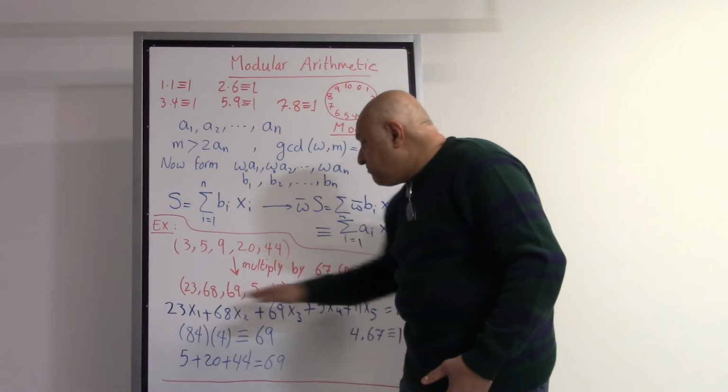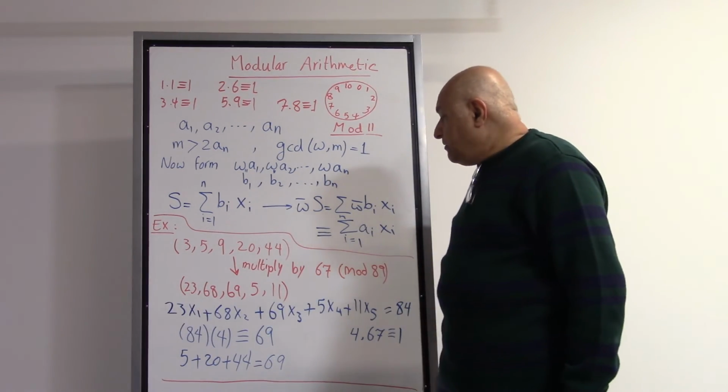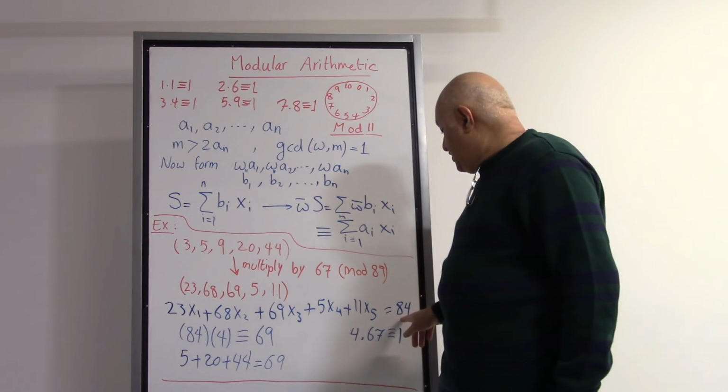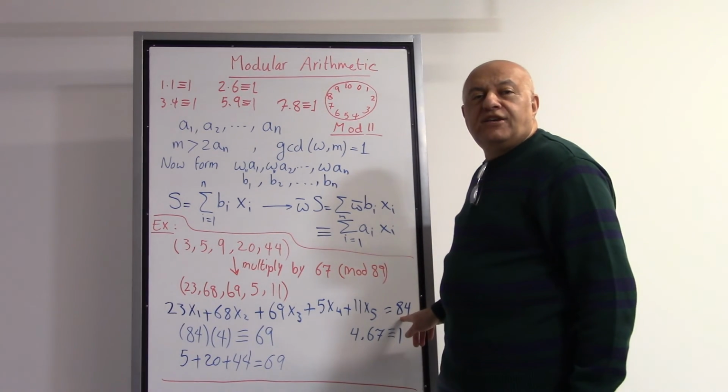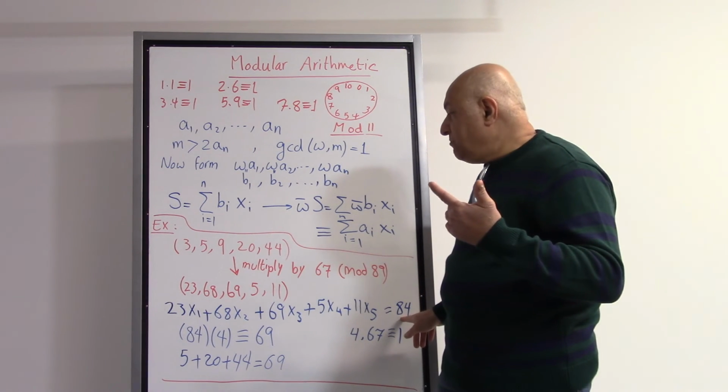Let's say when these are multiplied by these numbers, the answer is 84. Now the question is, when you get 84, how can you figure out what the original message is?